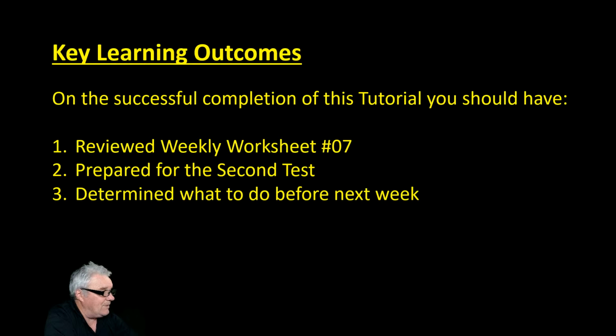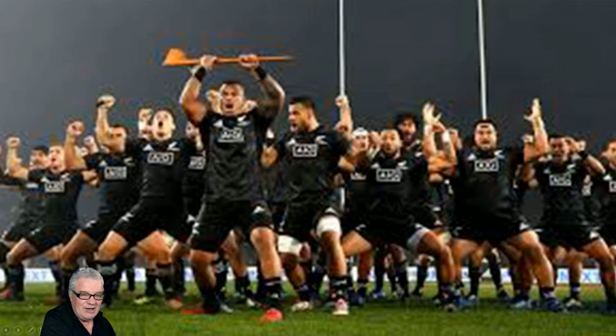And then of course Ken or Joseph will be doing some more stuff today to get you prepared for the second test later this week. And then you need to get your programs sorted out for what you're going to do next week.